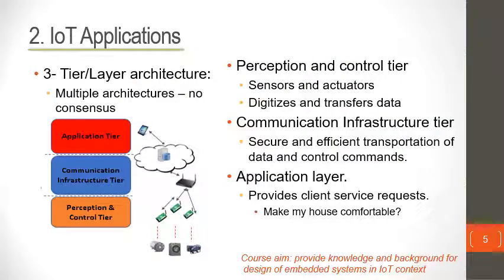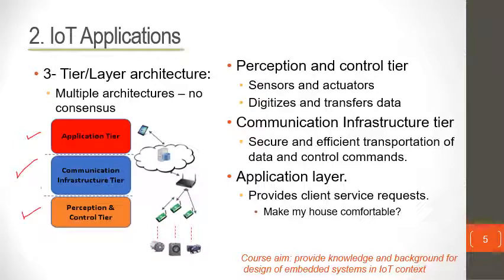Now, there are multiple IoT architectures that have been proposed, and there's no consensus on one particular architecture. But for our context, we will take a very simple architecture of an IoT system, which is composed of 3 layers. On top, the application tier; in the middle, the communication tier; at the bottom, the perception and control tier.